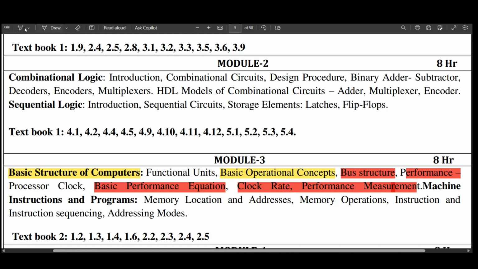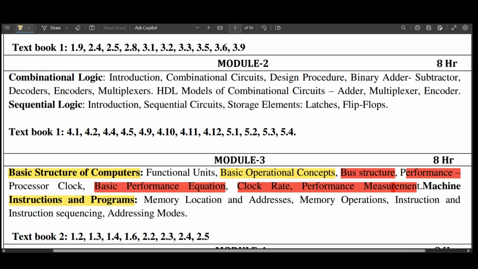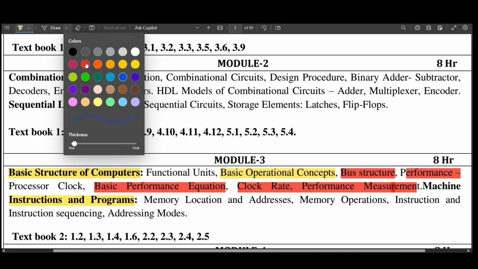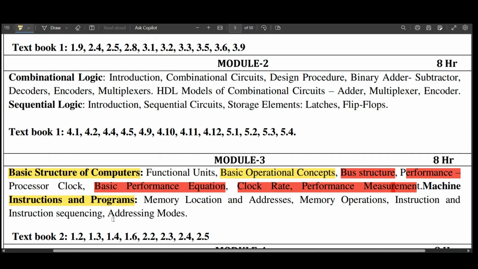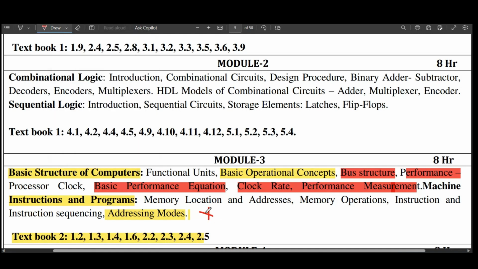Coming to the next part of this module, that is instructions and programs, the important concept that you have to concentrate on is addressing mode. I would tell you definitely, this addressing mode will be asked for 10 marks in VTU.